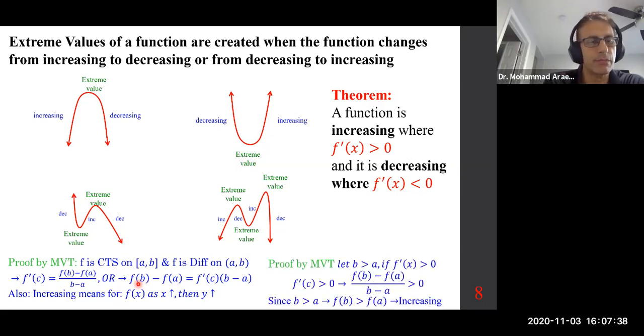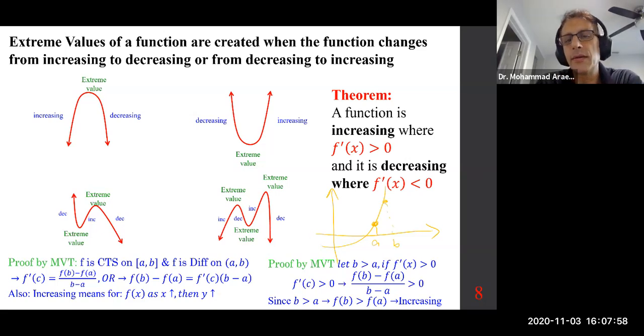In other words, b is larger than a, and f of b is larger than f of a. That's the idea as we go from left to right. This is the definition of increasing, decreasing.